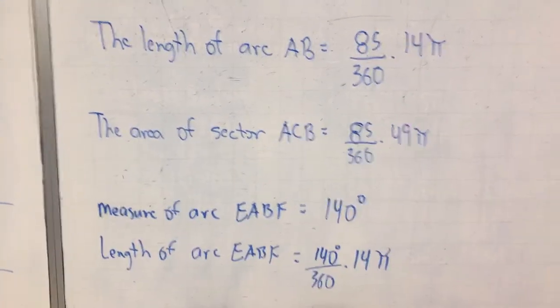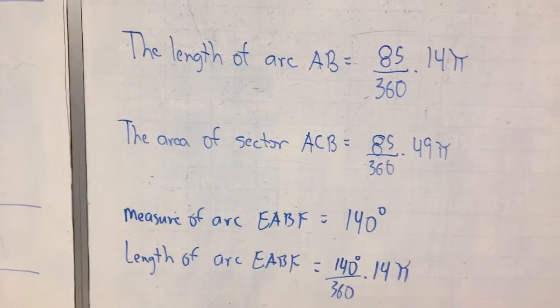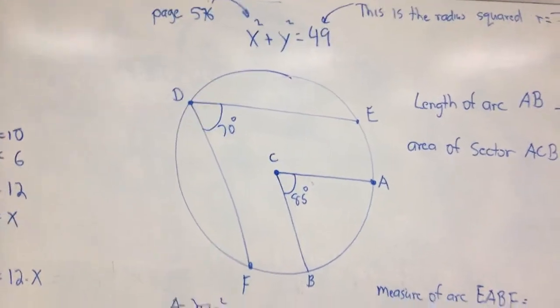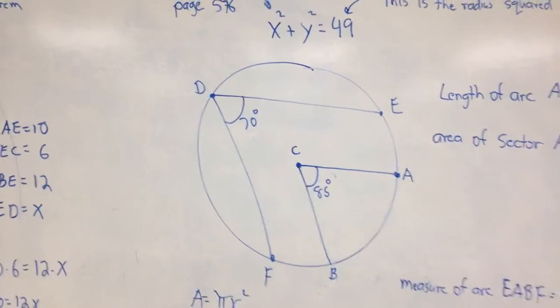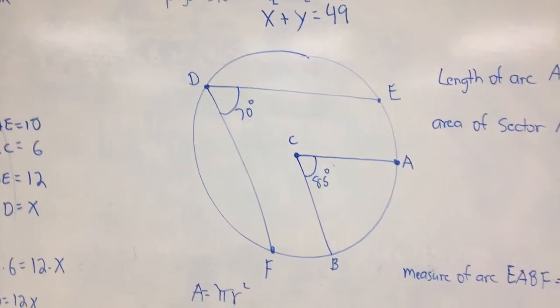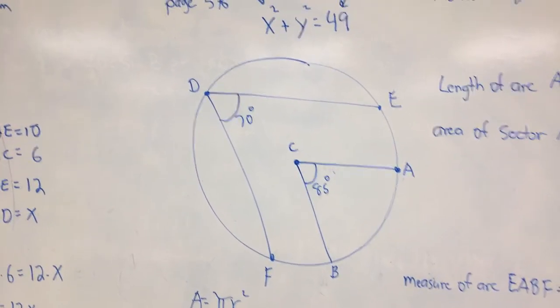And then the measure of arc EABF. Notice it says measure, it doesn't say length. Remember, angle EDF is an inscribed angle. The measure of the intercepted arc is twice the measure of the inscribed angle. Can't get much easier than that. So 2 times 70 is 140.